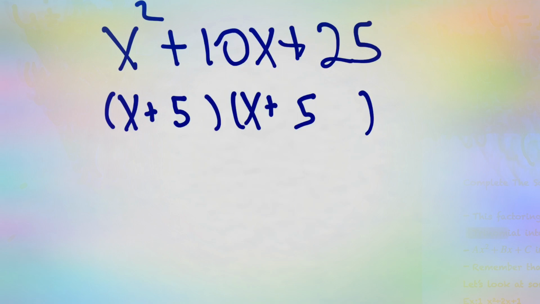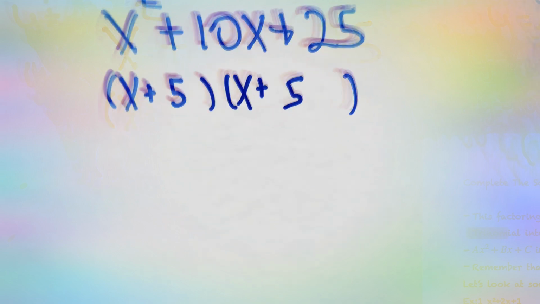You could write 25 as 5 squared. And the reason we know 5 works is because the sum of the two numbers has to equal the middle term. We know that that's true.